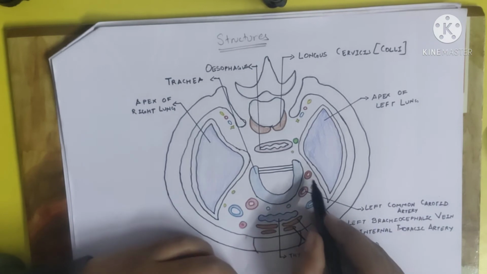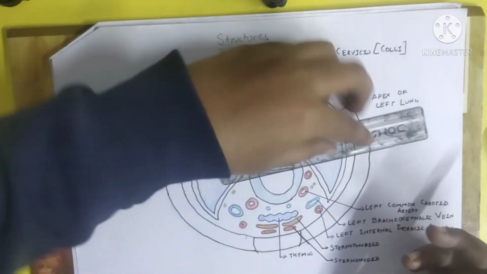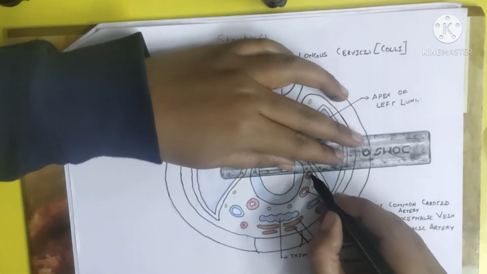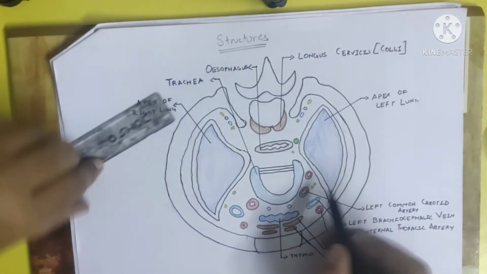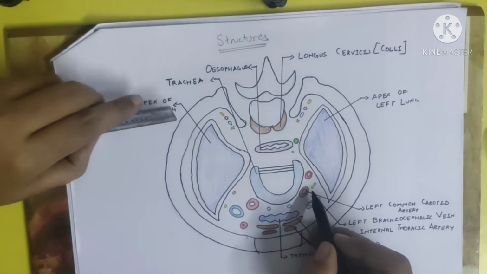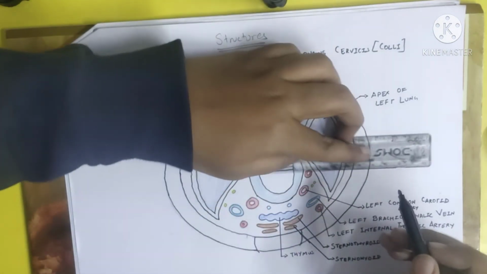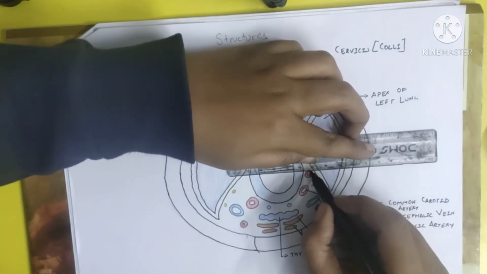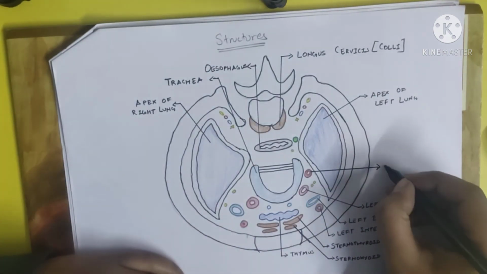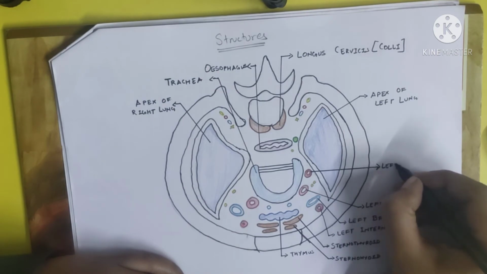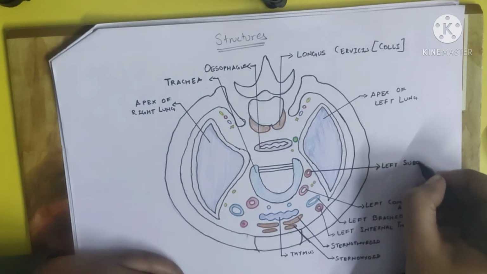Okay, this one here is your left subclavian artery. We are keeping this space in between because we still have these two structures to name. So this one will take here. We'll take a straight arrow, and this one will be your left subclavian artery.